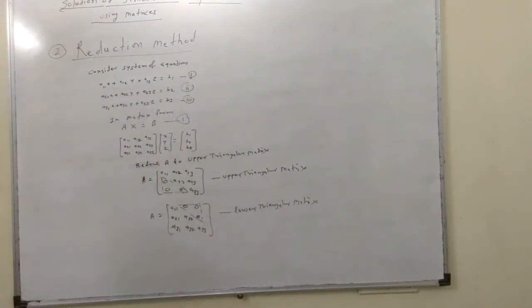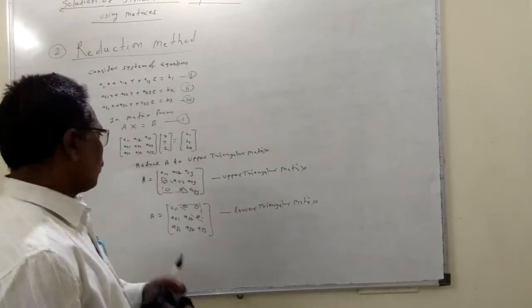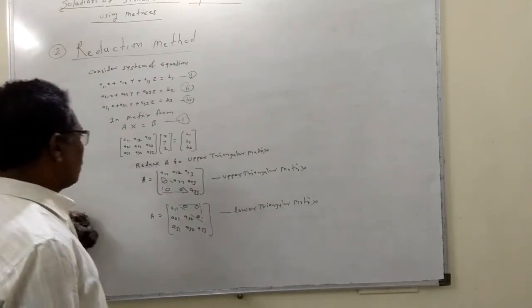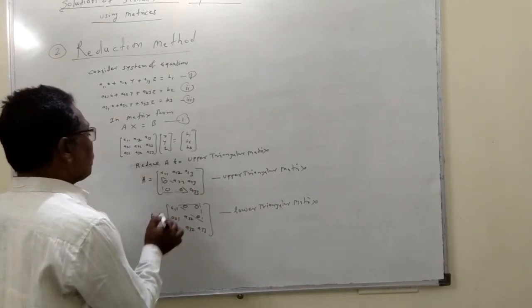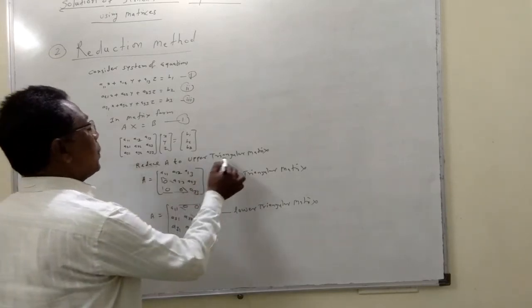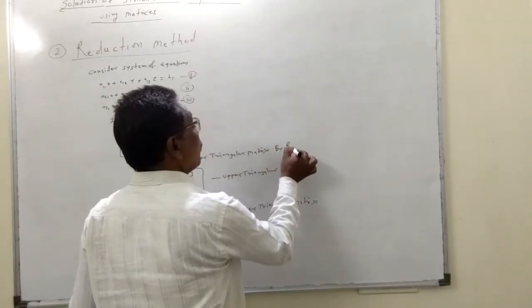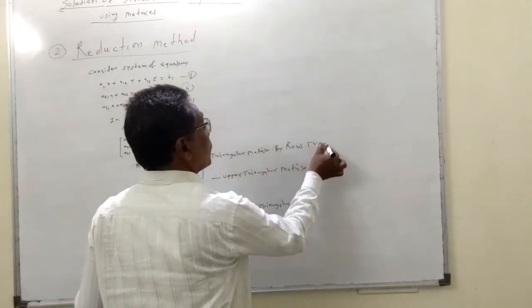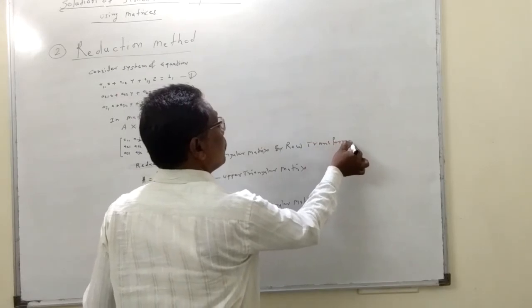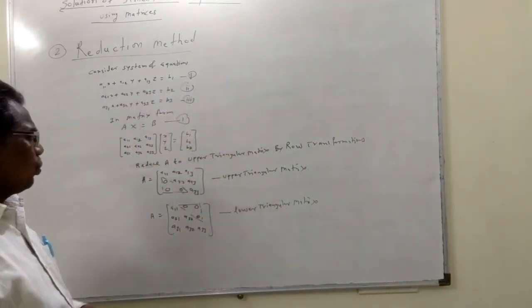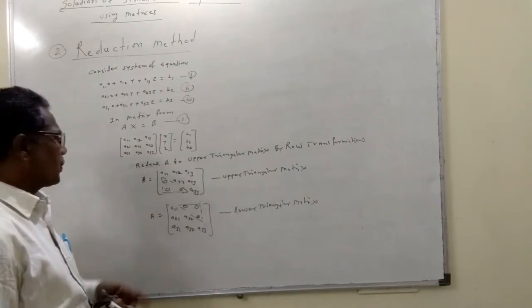So we reduce A to an upper triangular matrix by elementary row transformations. Column transformation is not possible. While doing the operations, you do the operation on both sides.